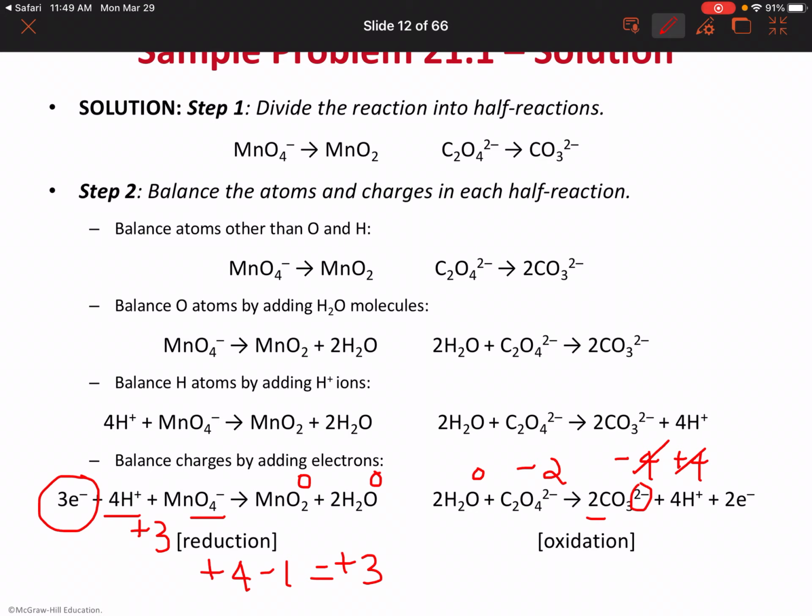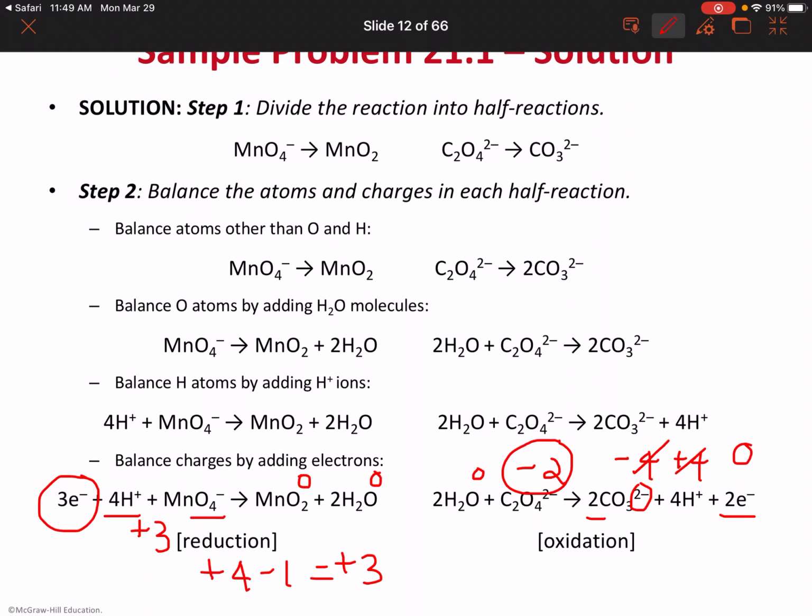So this side it's going from negative 2 to 0. Negative 2 to 0 means the oxidation number increases. If the oxidation number increases, that's oxidation, loss of electrons. So the 2 electrons need to be lost and you put that on the right side. Right?